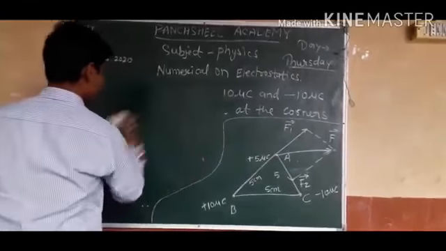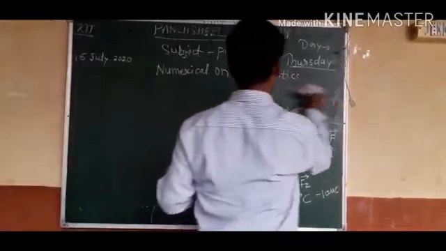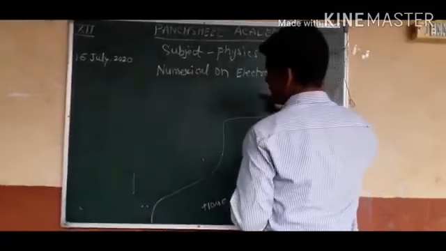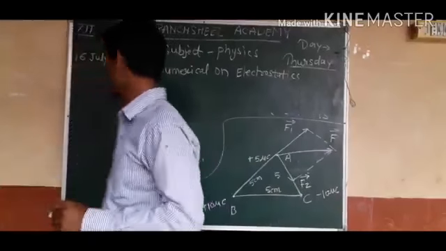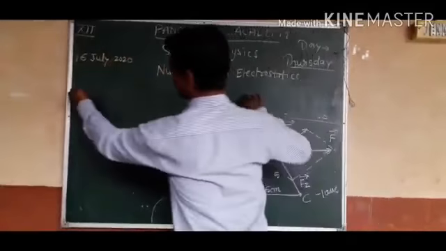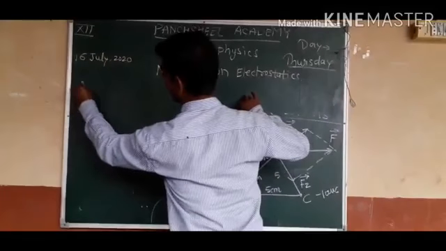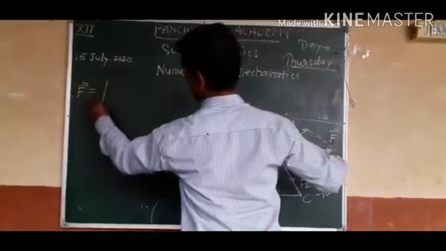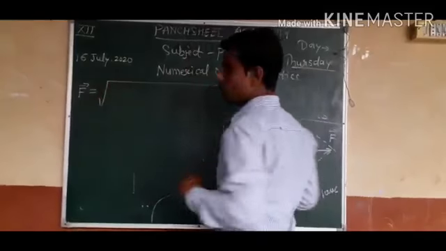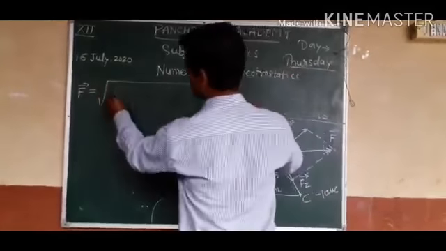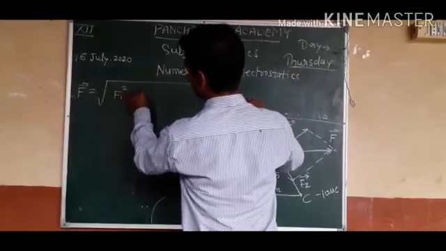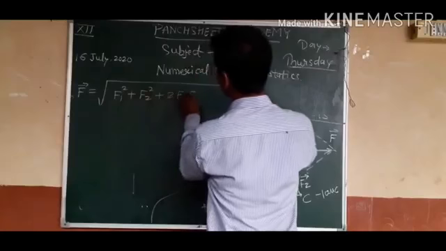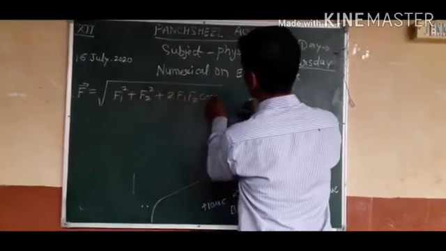So F equals, for the calculation of F you must remember one formula, that is the square root of F1 square plus F2 square plus 2 F1 F2 cos theta.